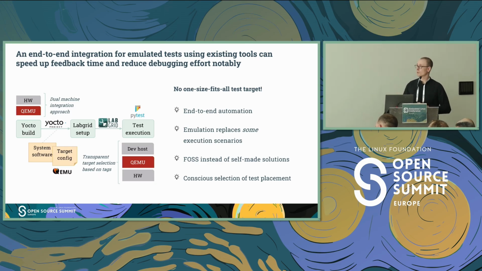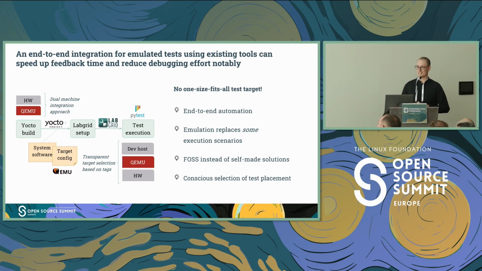In the end, you then automatically generate your build artifacts and test environments, which are then processed by the testing framework. And for the user or the developer, running the tests is pretty transparent. And the framework even helps, Labgrid and PyTest can help you to automatically skip certain tests that are simply not feasible on either platform.